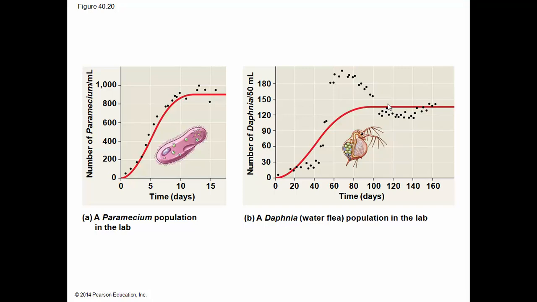The paramecium growth in a small culture closely approximates logistic growth if the researcher maintains a constant environment. In the daphnia, the growth in the small culture does not correspond well with the logistic model. This population overshoots the carrying capacity of its artificial environment before reaching an approximately stable size.